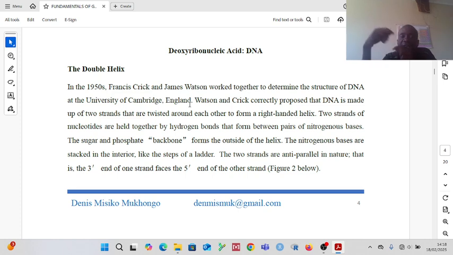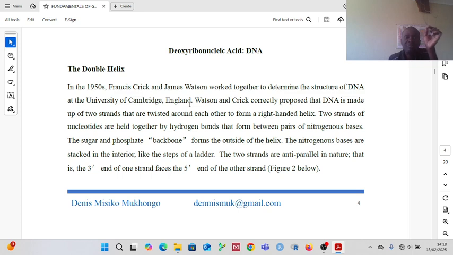The two strands will be anti-parallel in nature, which means if one is running in the 3' to 5', the other one will be running in the 5' to 3'. Okay? So if the polarity is 3', 5', the polarity of the other one, which is now complementary to it, will be the opposite of the polarity of the first strand. That's the meaning of anti-parallel. If it was parallel, if this is 5', this could be 5'.